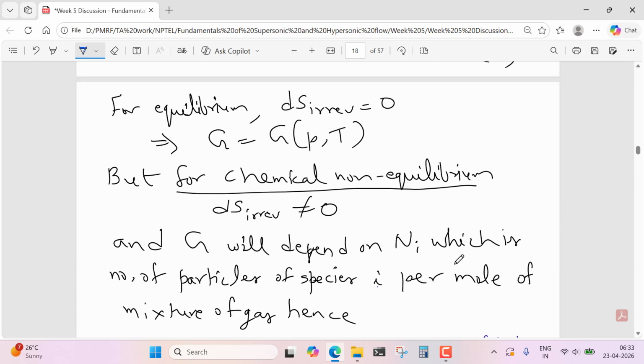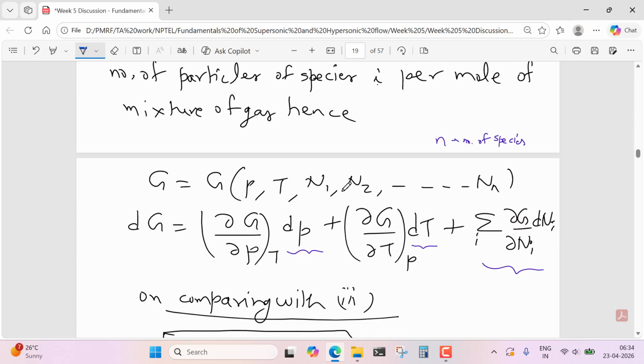So G will depend on Ni, which is the number of particles of species i per mole of the mixture of the gas. If there are n species, then G will depend on P, T, N1, N2 to Nn. We are taking this number of particles because in chemical reactions only this number of particles will change, which is not constant in the non-equilibrium. That's why all these terms are taken together.